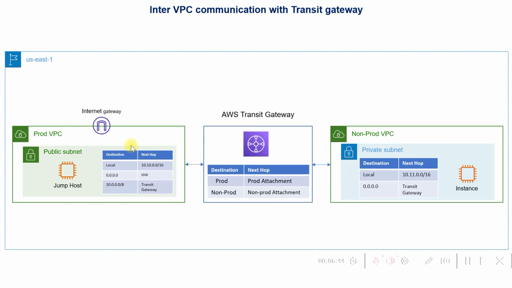So if you see our lab diagram, we have configured prod VPC, non-prod VPC, one internet gateway, and we have created public subnet and private subnet. We have created routing tables, and the local route is already there, and we are going to configure this internet gateway route in this public subnet associated routing table.